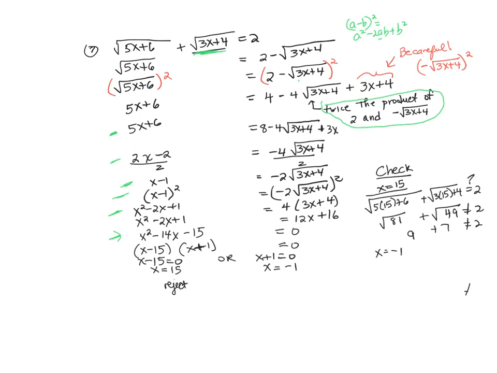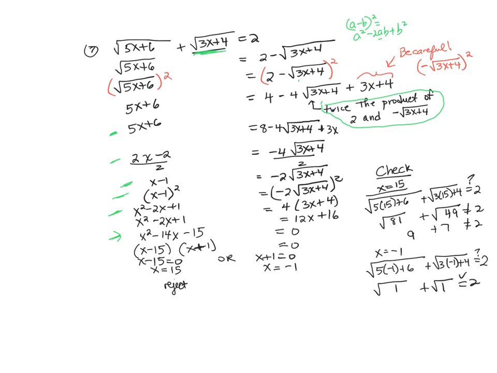Let's check negative 1. Okay, so when we substitute negative 1 in there, we get the square root of 5 times negative 1 plus 6 plus the square root of 3 times negative 1 plus 4. Does that equal 2? Okay, this gives us the square root of 1, and this gives us the square root of 1, and yes, that does equal 2.